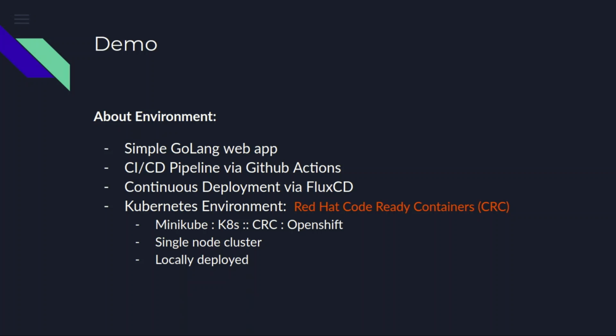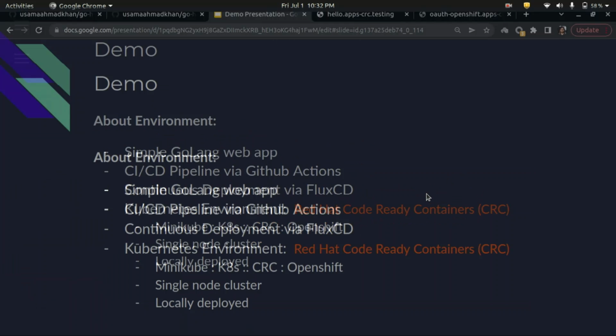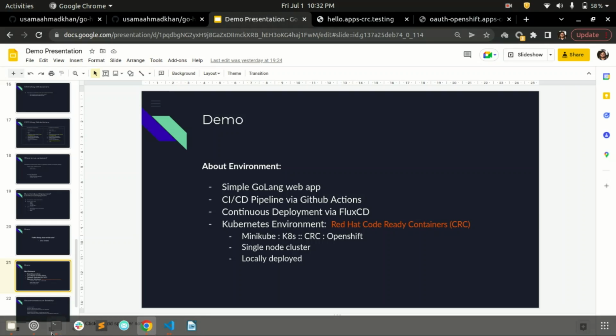CRC is for OpenShift as Minikube is to Kubernetes. It's a single node cluster, essentially OpenShift but single node. So let's move on to the demo.